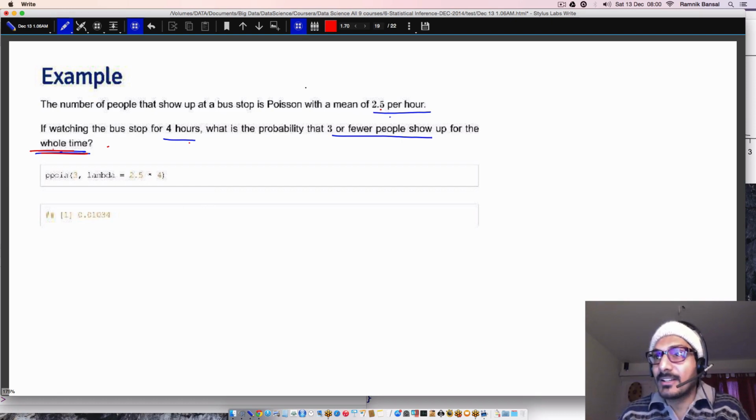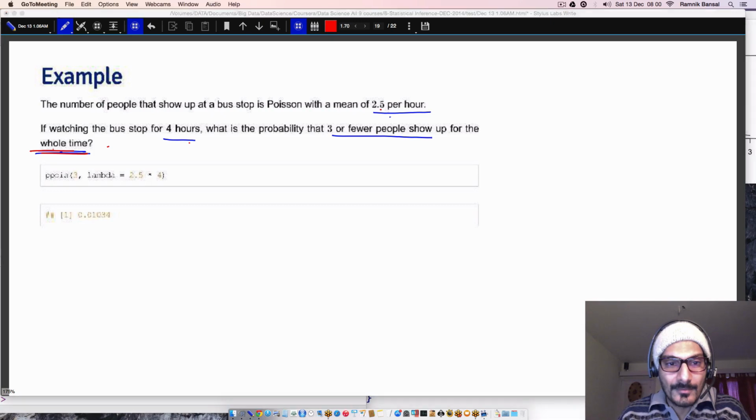Is this part clear? How we solve this kind of problem using the Poisson distribution, especially multiplying by the time and not dividing by the time. What about the rest of you, Salman?